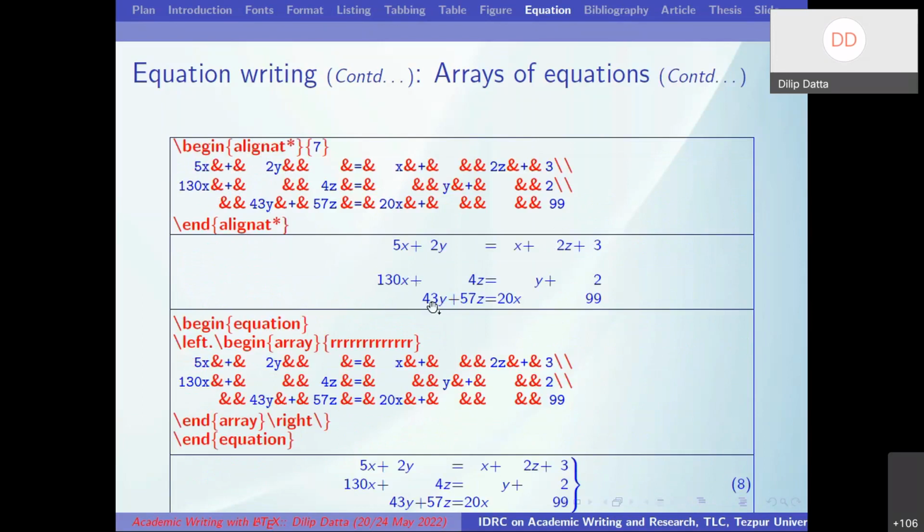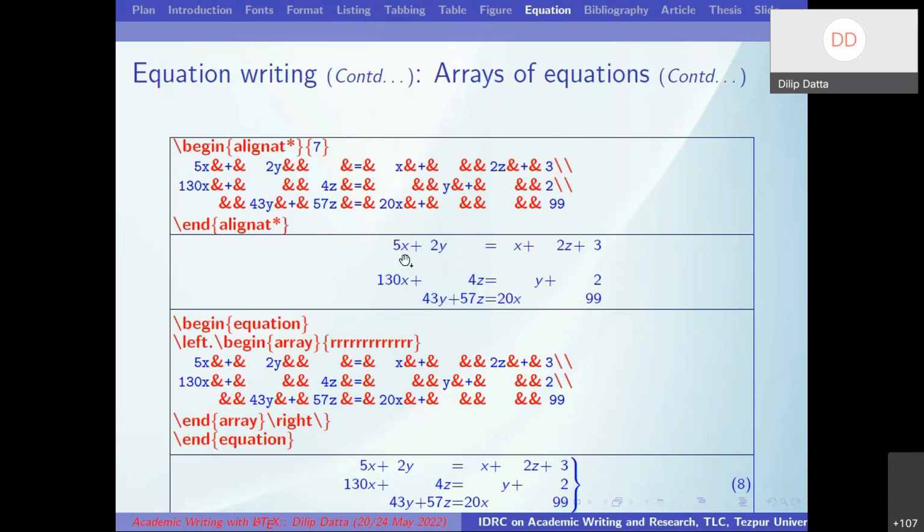And in the third equation, you can see there is no x term. So the first part is kept empty. Then again the next plus sign is aligned for the y terms. Again it is aligned about this equal sign here. In this way on the right side also these are again aligned about this plus sign to get x, y, z in different columns.